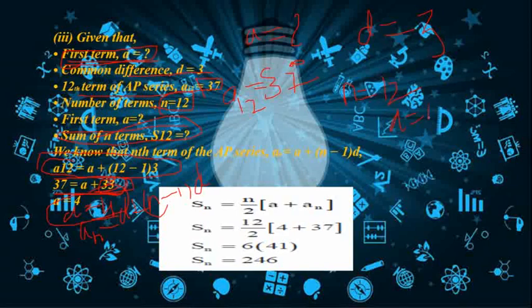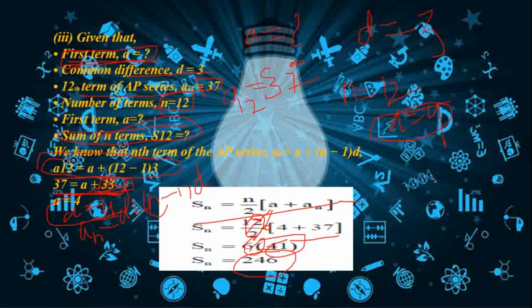That is 4. Now substitute the known values in the formula n by 2 into a plus an. Substituting the values, we get 6 twos are 12, and 4 plus 37 is 41, into 6. Hence we got the value as 246.